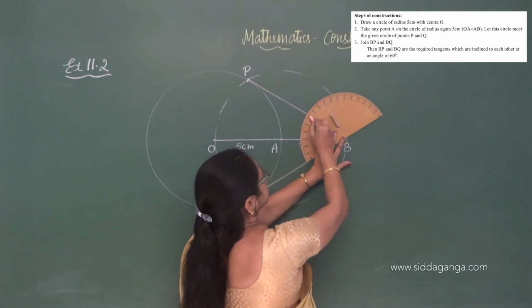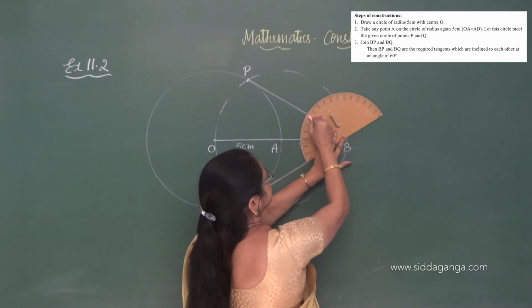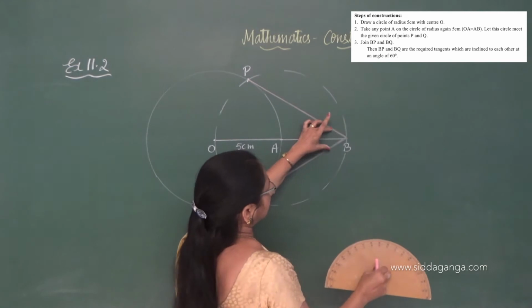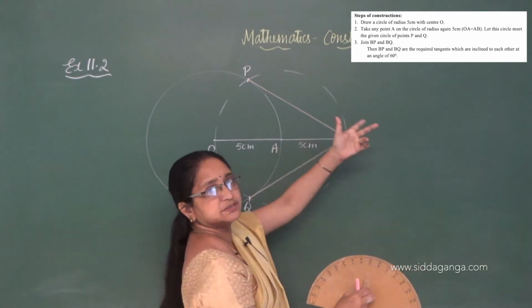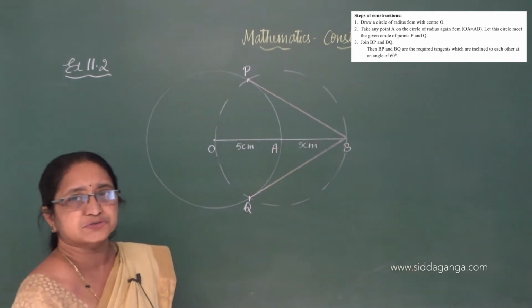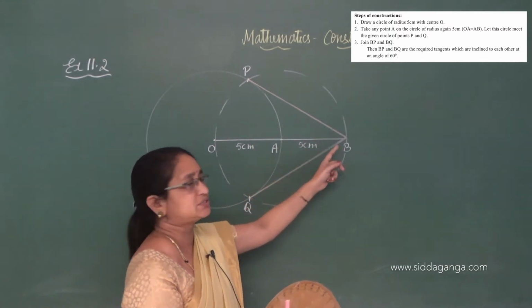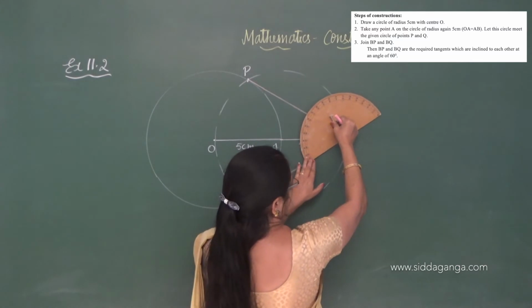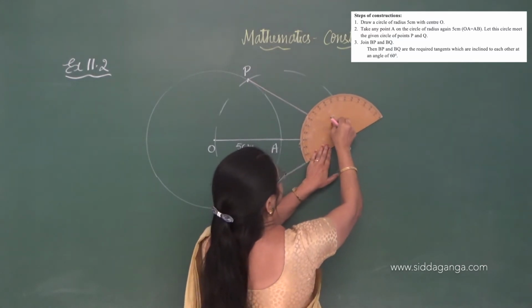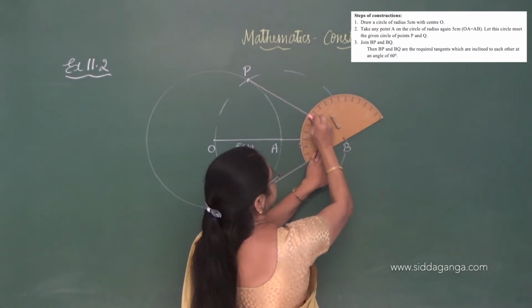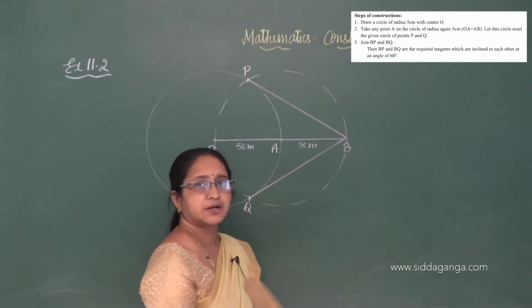See here, this is 60 degree. So the two tangents are inclined to each other at 60 degree. Understood? That is the question. I hope you understood this.